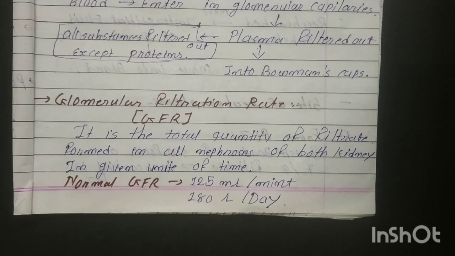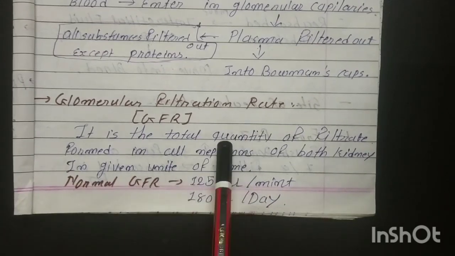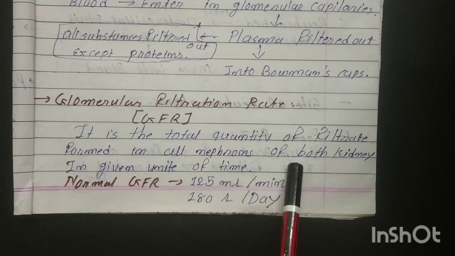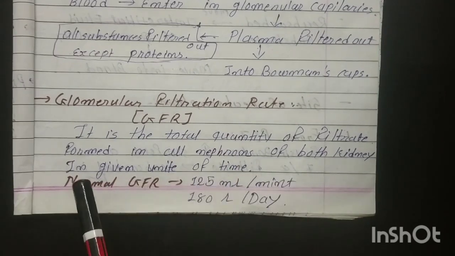So let's see the definition of GFR. It is the total quantity of filtrate formed in all nephrons, not one nephron, of both kidneys in a given unit of time. Very simple.